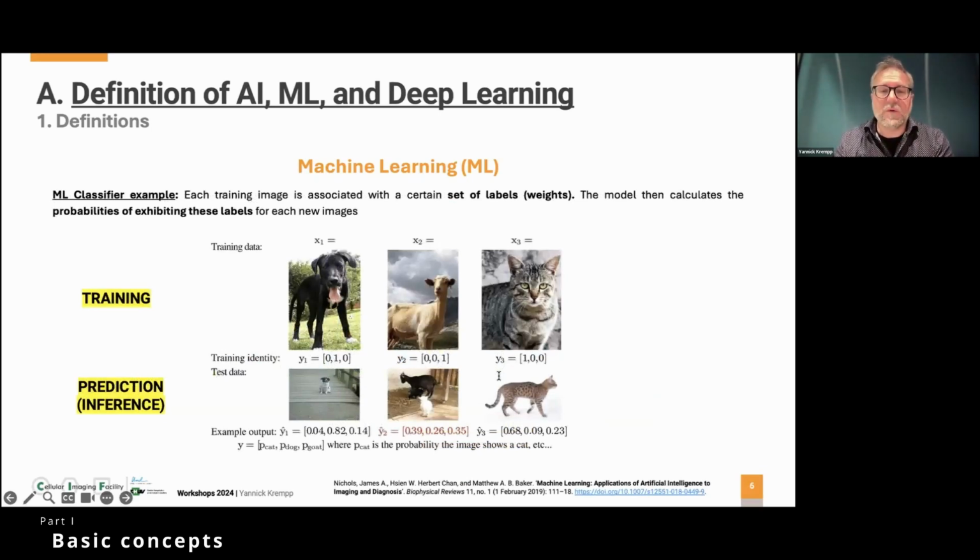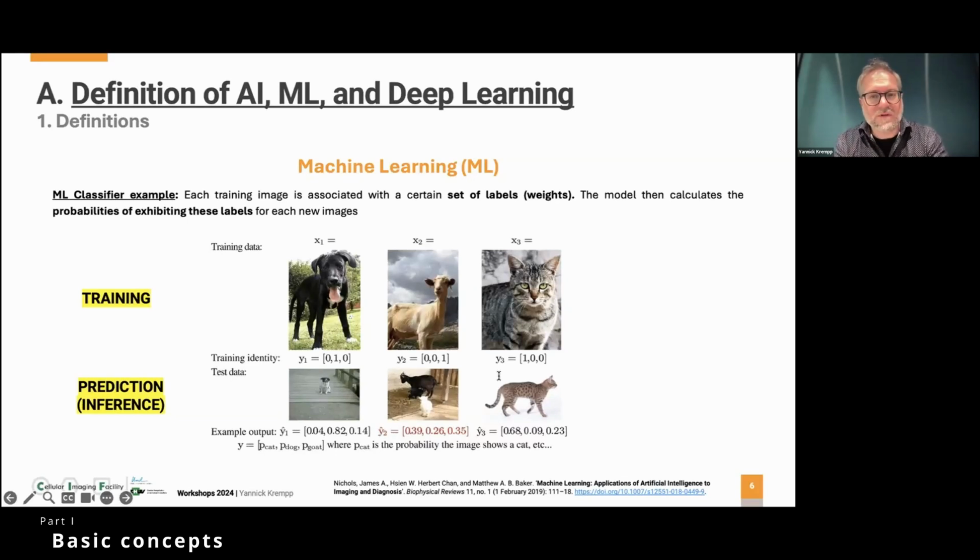If we want to get a bit more into the details, a machine learning classifier works by trying to predict the probability of an image belonging to a certain class. To do that, we train the model with sample images that have been labeled correctly by a human most of the time.